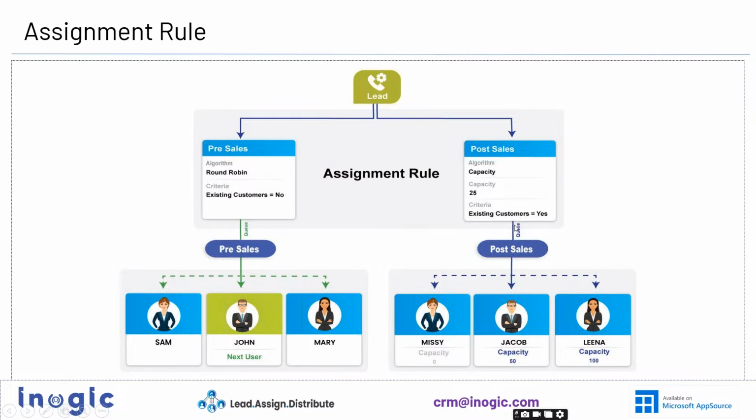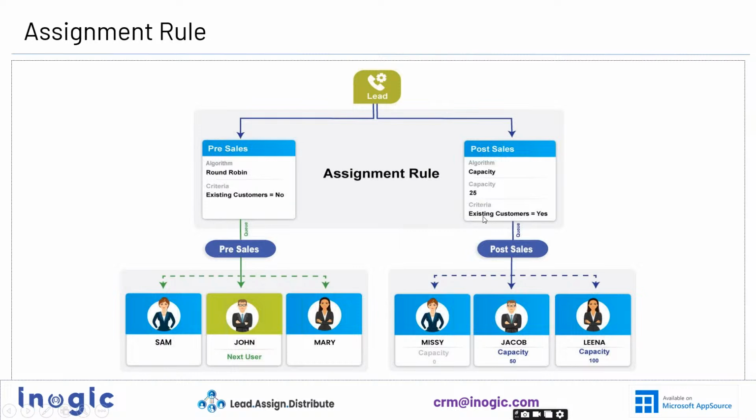Now here you will see a subtle difference, a very small difference, the difference of capacity. This means that for the lead of an existing customer, which falls in the post-sales queue, the available capacity of the resource will be taken into consideration.